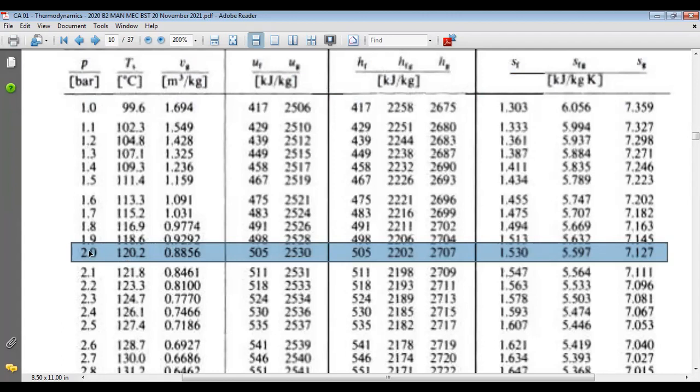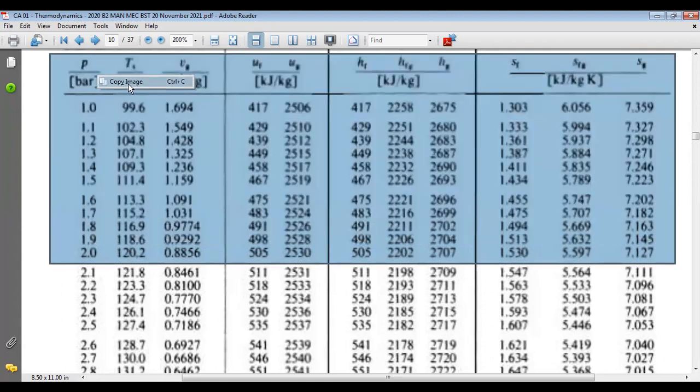So at the steam table, 2 bar 120. So I will take this. I will copy this and I will bring this to your daily notes.